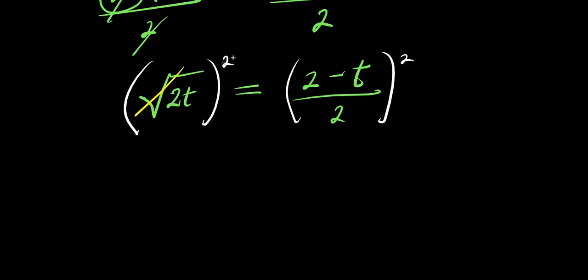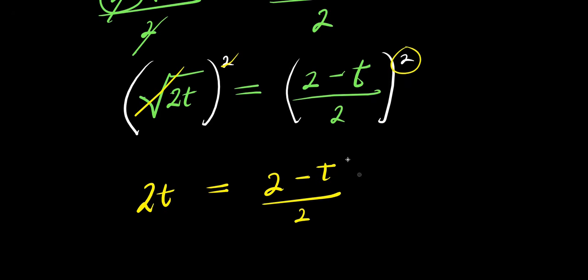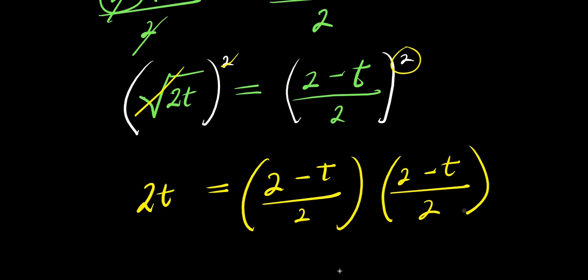So this will cancel this. I have 2t, and this equals 2 minus t divided by 2. This is because it's raised to the power of 2. I can have it in 2 places: 2 minus t divided by 2 times 2 minus t divided by 2.